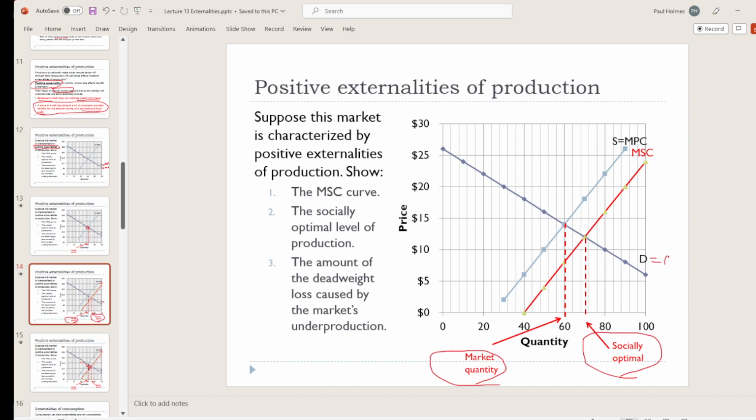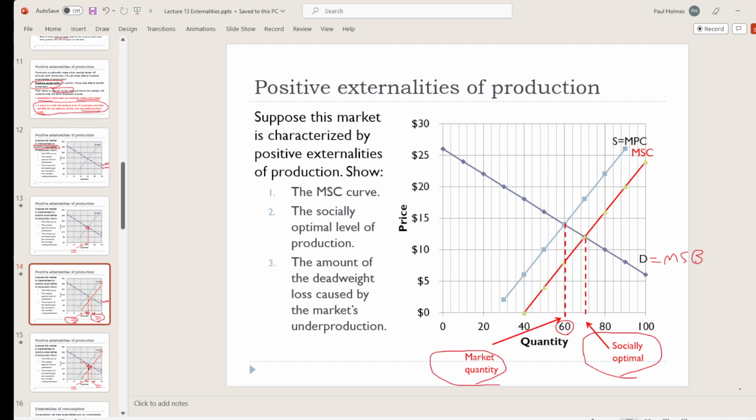Because remember, our demand curve is our marginal social benefit curve, absent any externalities, and so where those two cross, our rational rule for society says should be our quantity that's produced. But if we actually produce this amount instead, 60, then we experience a deadweight loss, because those last few units of production would have been beneficial to us as a society, but we don't gain the benefit of them.